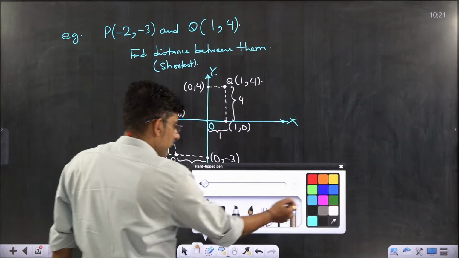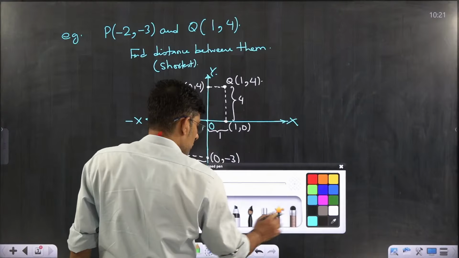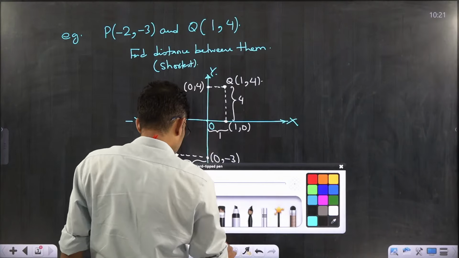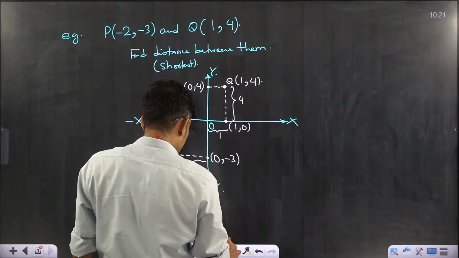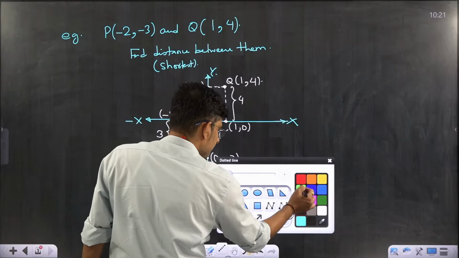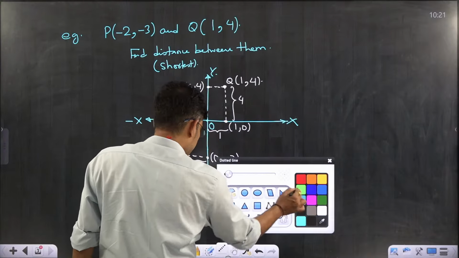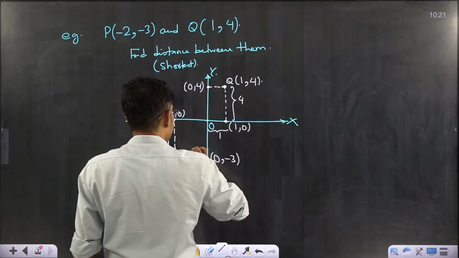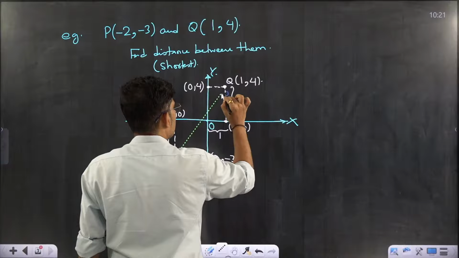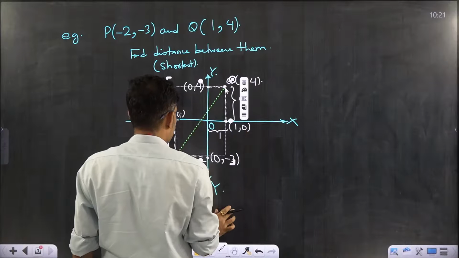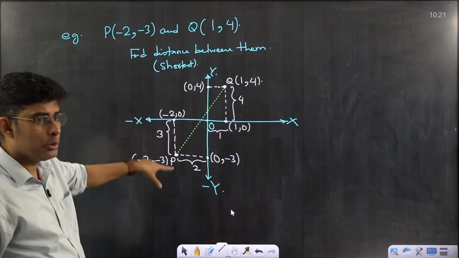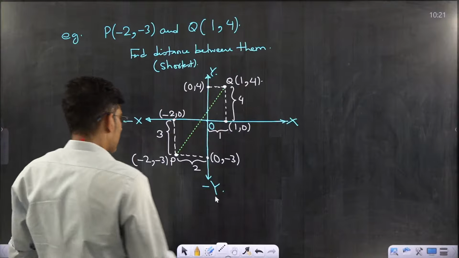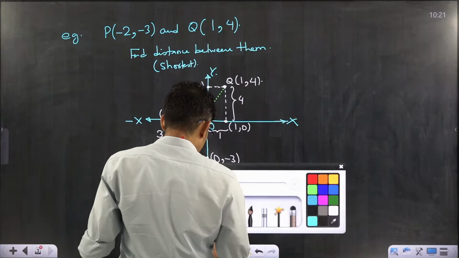We know the formula is to be used, but what I was trying to explain is what we mean by coordinates. And now when we join these 2 points, this dotted line that you are seeing, this length we will get by the distance formula.